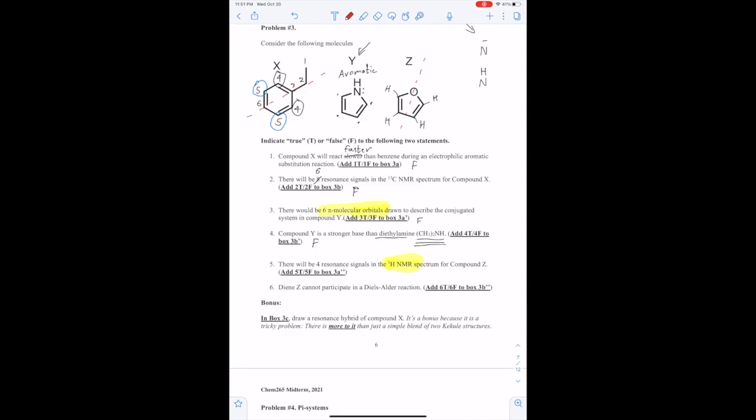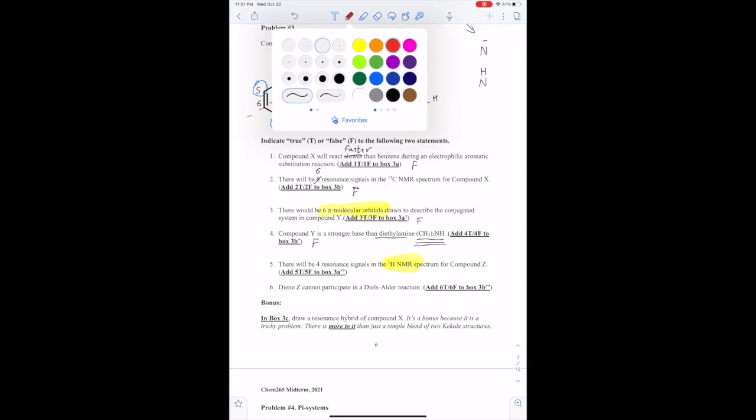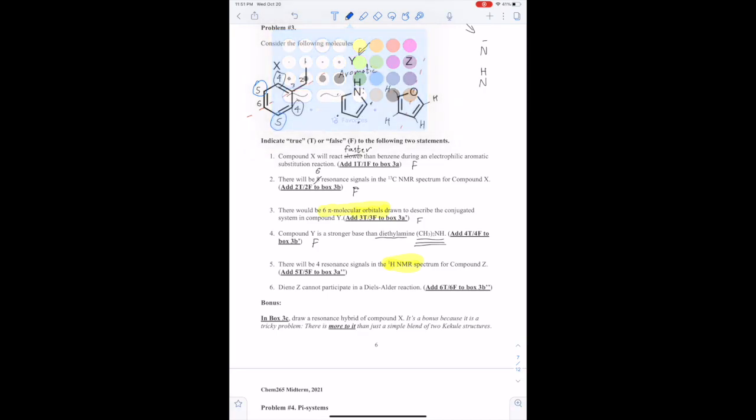That is also one of the first things you should do when we're doing NMR. So because of symmetry, even though there are 4 hydrogens, these 2 are exactly the same, and these 2 are exactly the same, which means there would be 2 resonance signals. So if we're going to correct these, this would be 5. This would be weaker. We're not asked to correct these, but just for understanding, this would be 2.